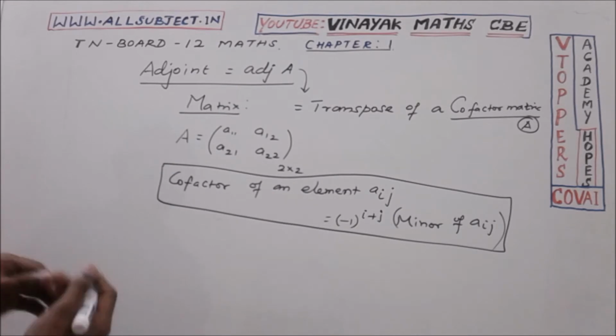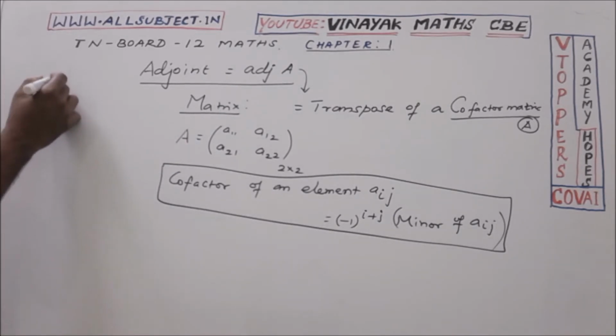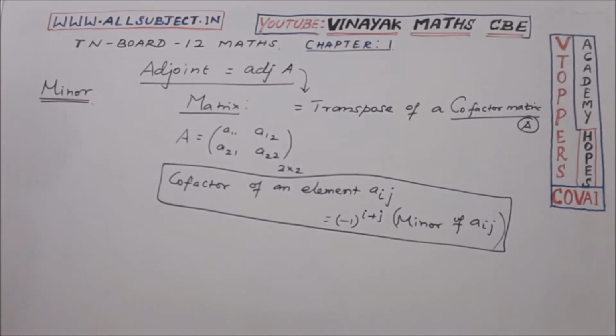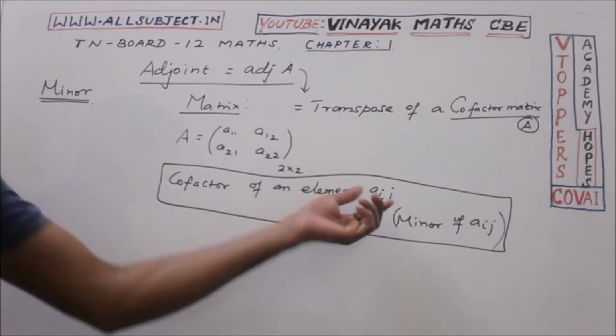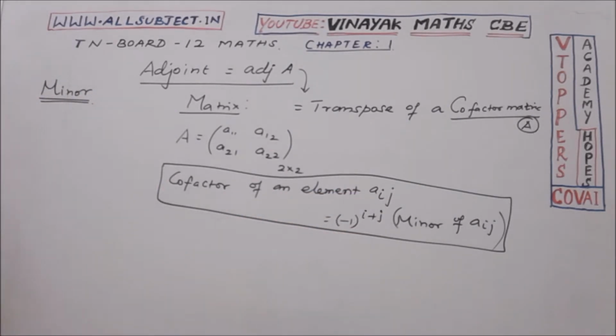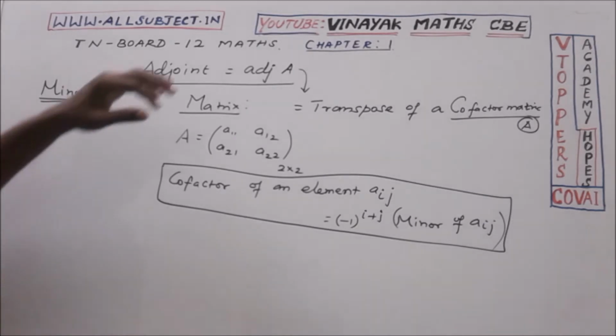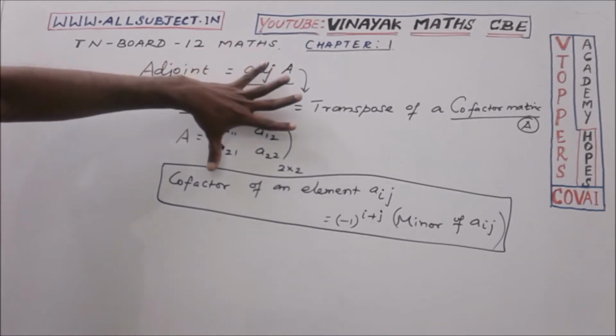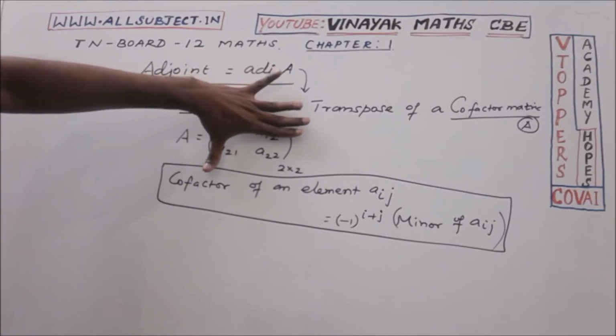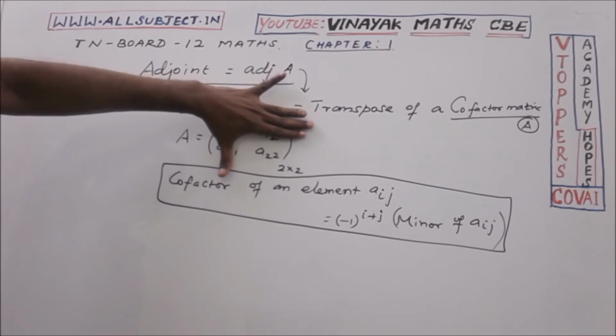How to calculate the minor value of an element? To find the minor value of A11, eliminate the row and column in which the corresponding element A11 is present.